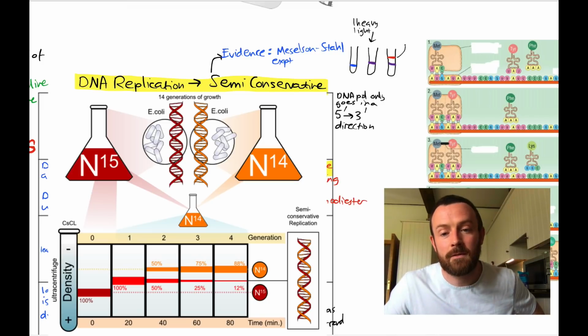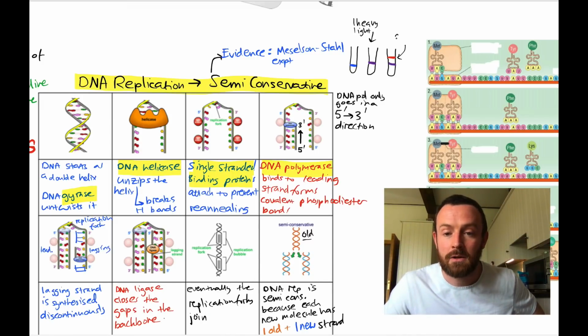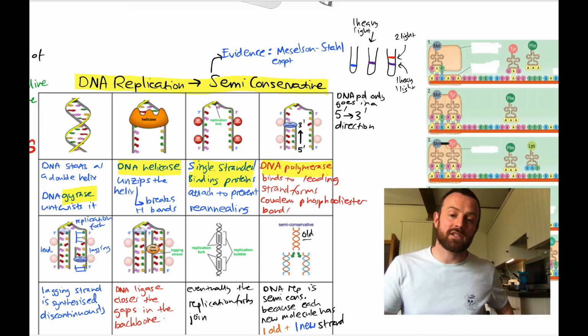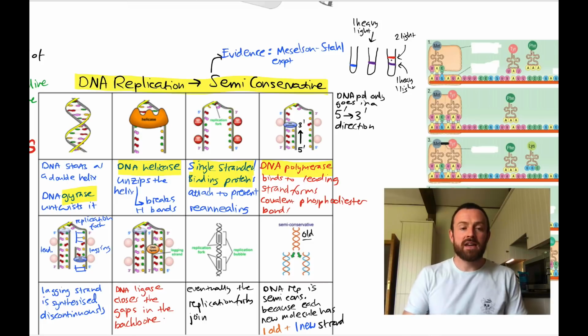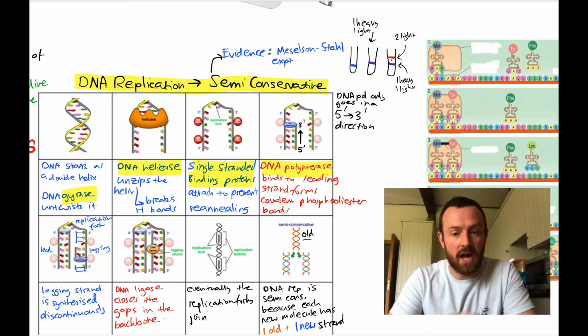And then this band here would be two light strands, and this band here would be one heavy, one light. Okay, so that's the Meselson-Stahl experiment. That's the evidence for this. Okay, so that's DNA replication done.